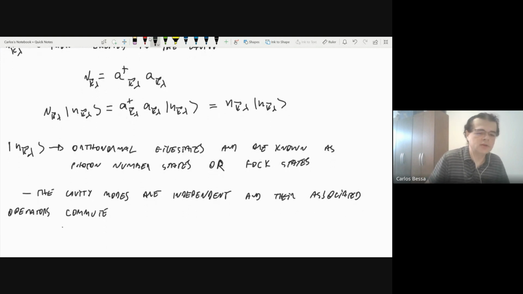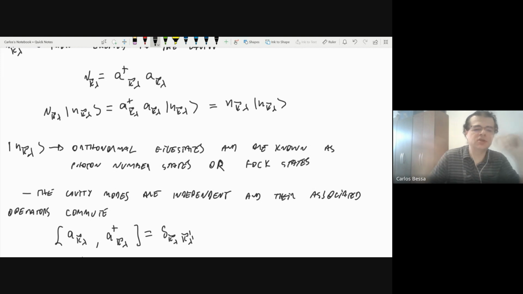So we could write, for each mode, [a_k lambda, a dagger_k' lambda'] equal to delta of k lambda, k' lambda'. So if you have the same mode, this is 1. But if it's different modes, the commutator is 0.